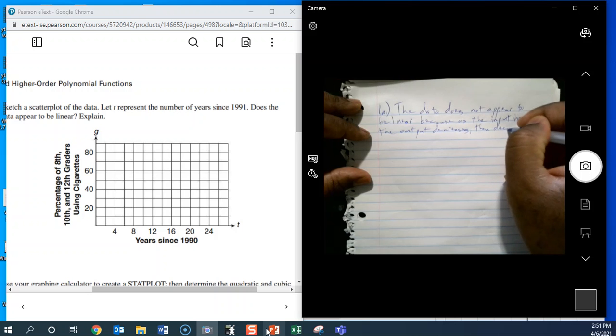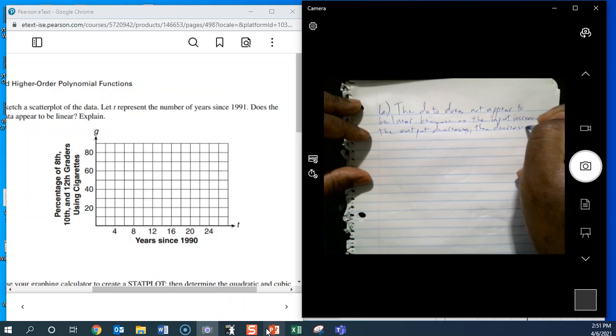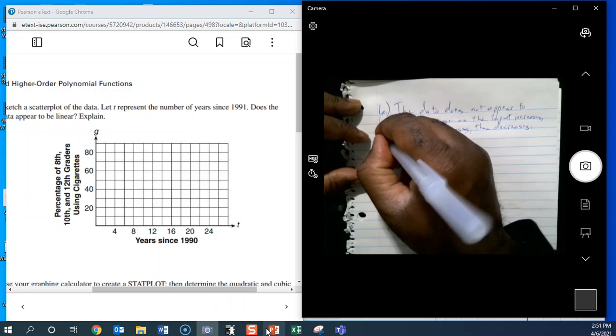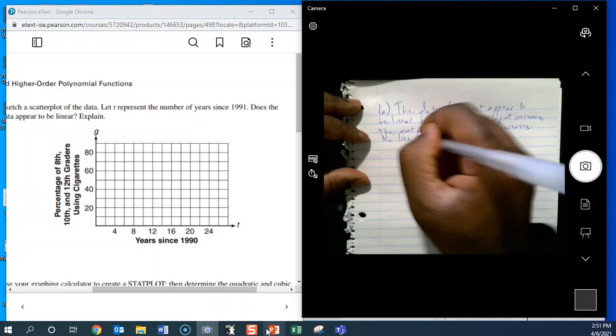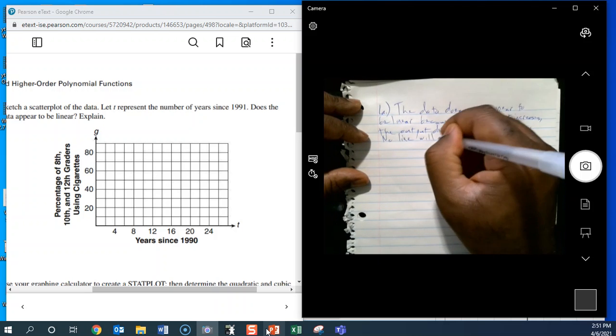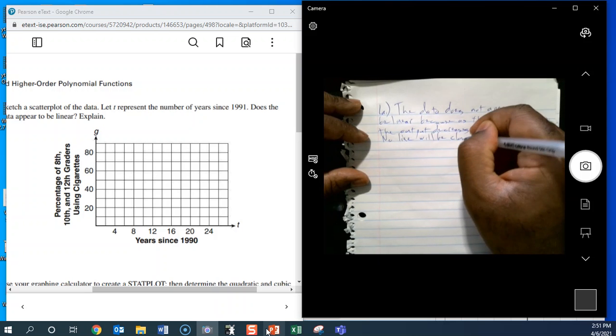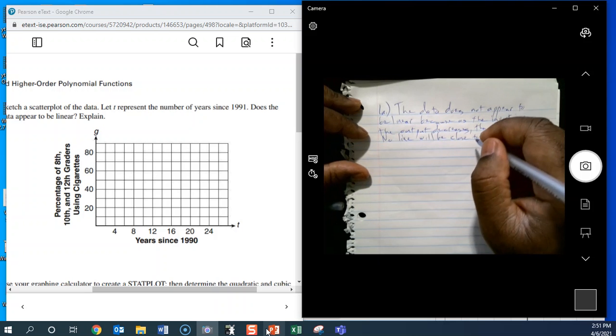Then decreases. So no line will be close to the points.